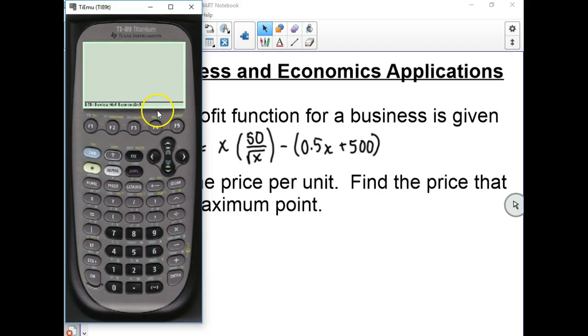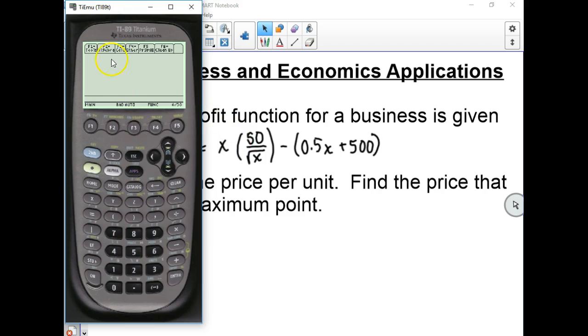When I do these problems, you can do it one of two ways. We want to take the derivative of this equation so that we can do a sign line with that derivative.